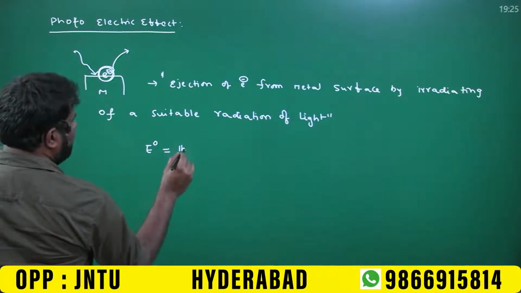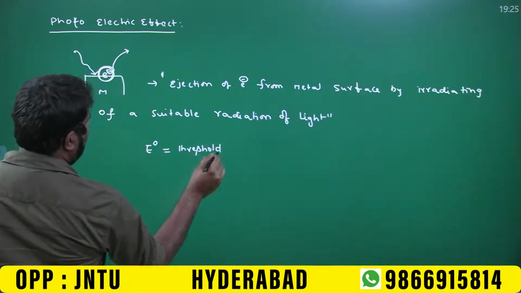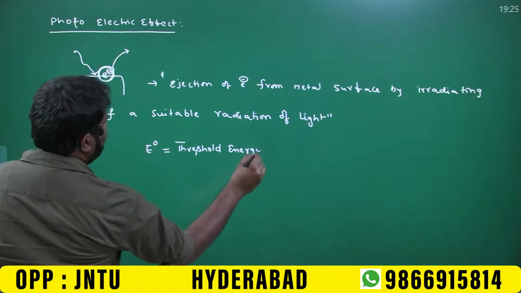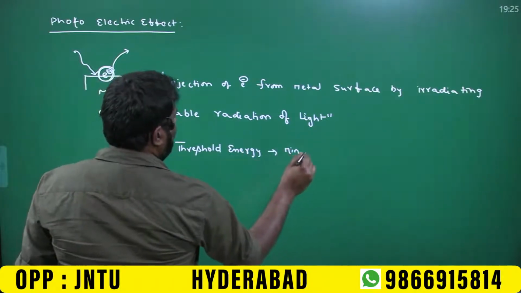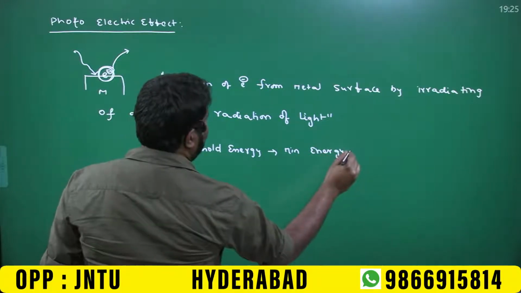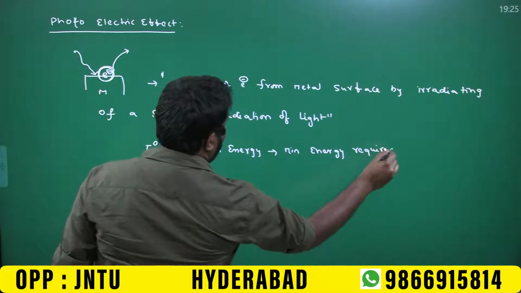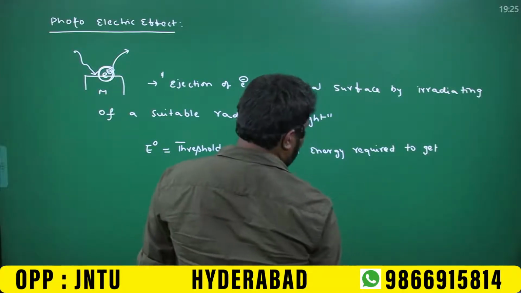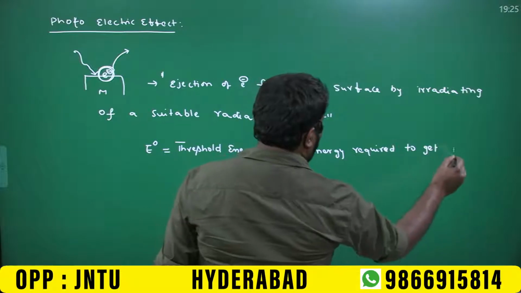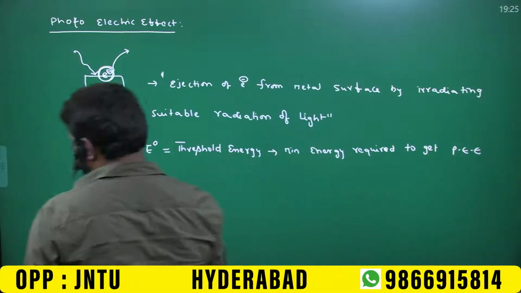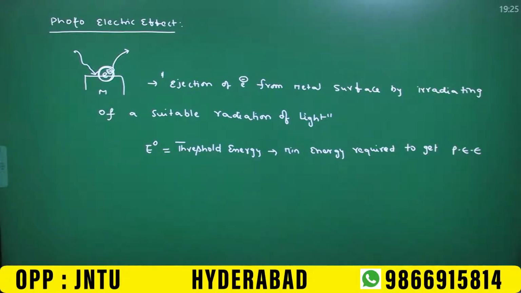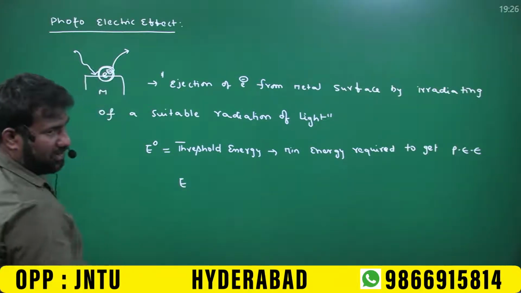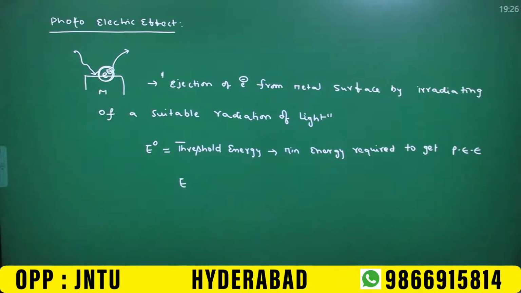The threshold energy means the minimum energy required to get the ejection of electron, required to get the photoelectric effect. And this is the energy of radiation, E.